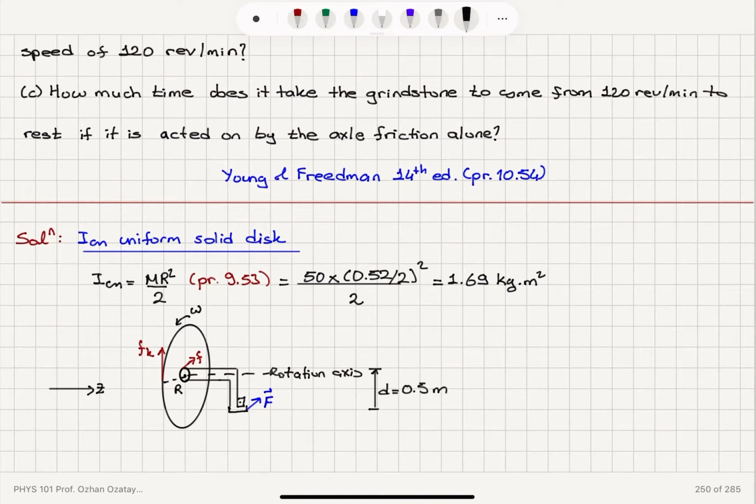And we have kinetic friction Fk, which is the coefficient of kinetic friction mu k times the normal force. We have a 160 newton normal force and 0.6 kinetic friction coefficient, that gives us 96 newtons of kinetic friction acting on the grindstone.